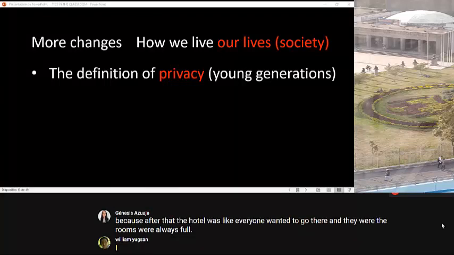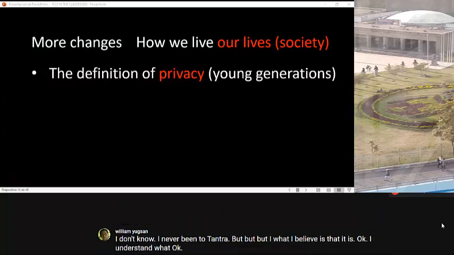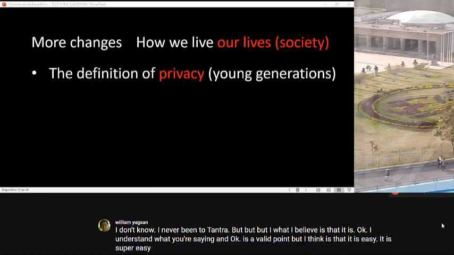I don't know. I've never been to Tantra, but what I believe is that it is okay. I understand what you're saying, and it's a valid point. But I think it is super easy to take something private and make it public.